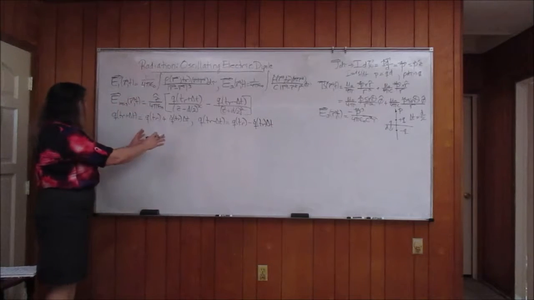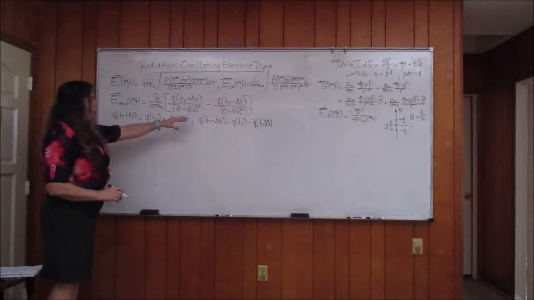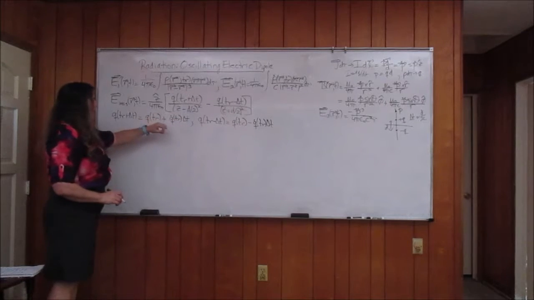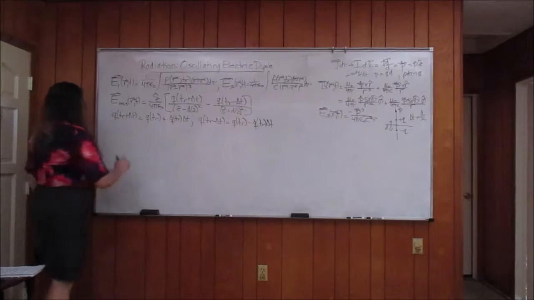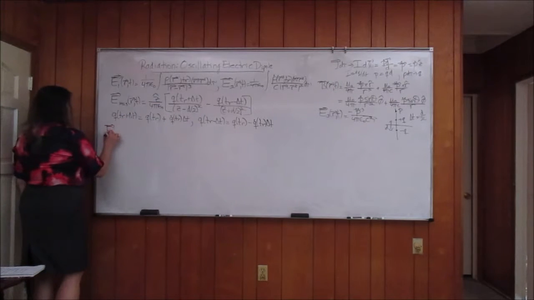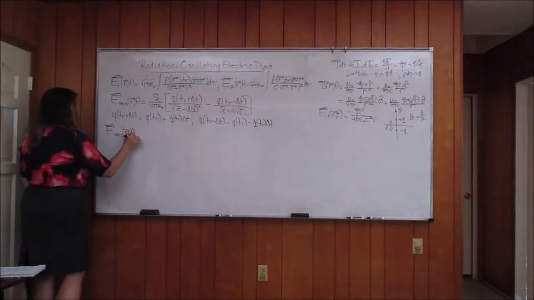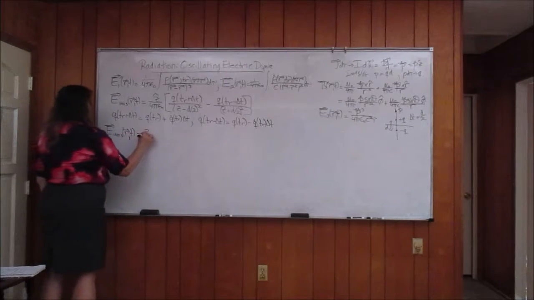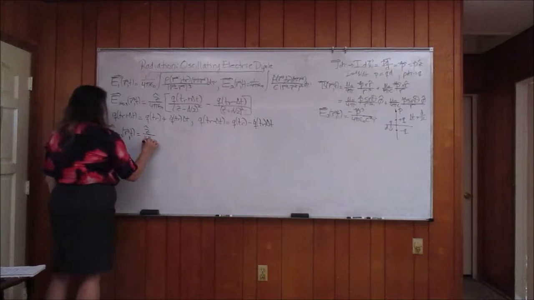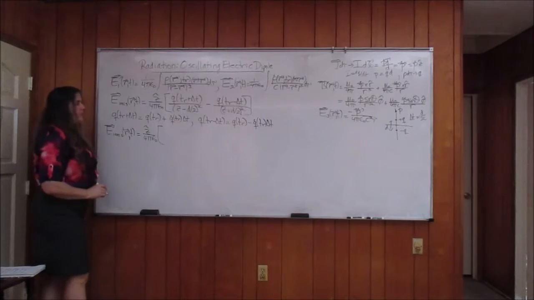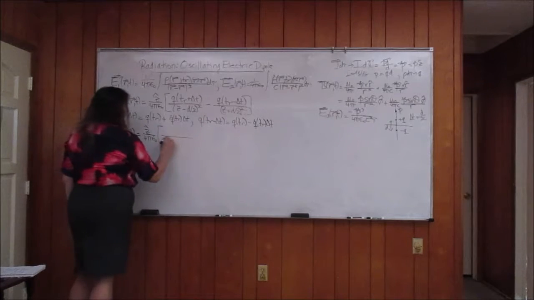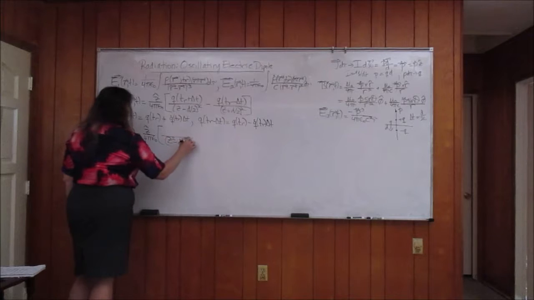So I'm going to substitute both of these expansions, and of course there are higher order terms, but those are negligible. I'm going to substitute both of these expansions into the expression. I'm going to give them a common denominator, so this will become z squared minus d squared over 4, squared.